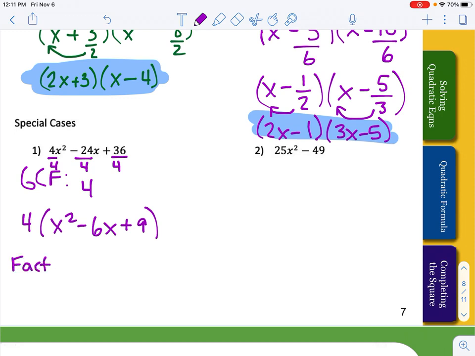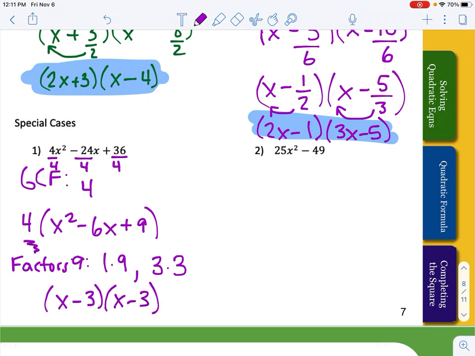Factors of 9 that add to negative 6. So the factors of 9 are 1 and 9, or 3 and 3 if they need to add to negative 6. We know they both must be negative, so we'll take x minus 3 and x minus 3, and don't forget to bring down this 4.